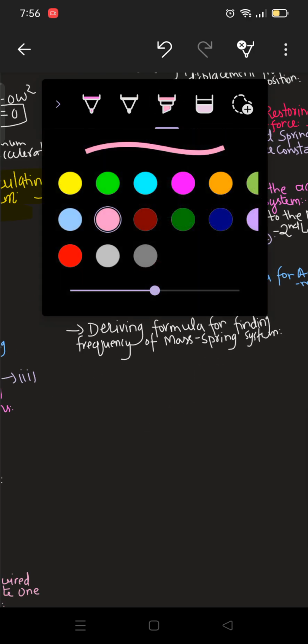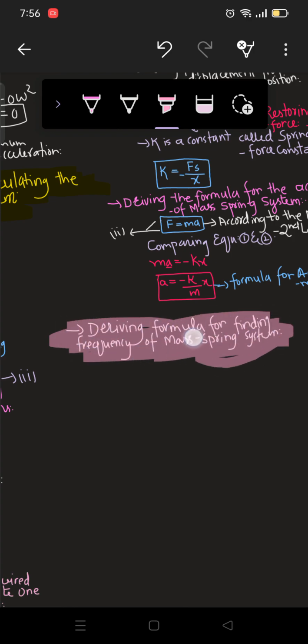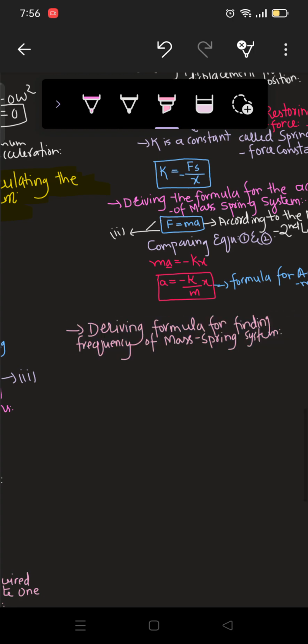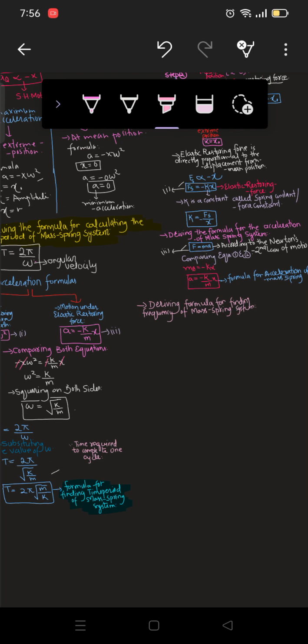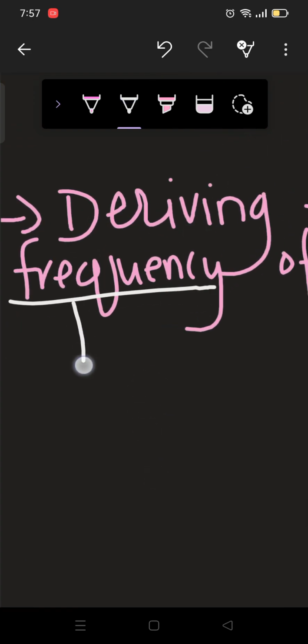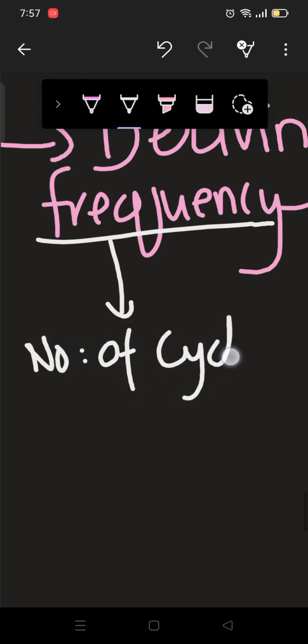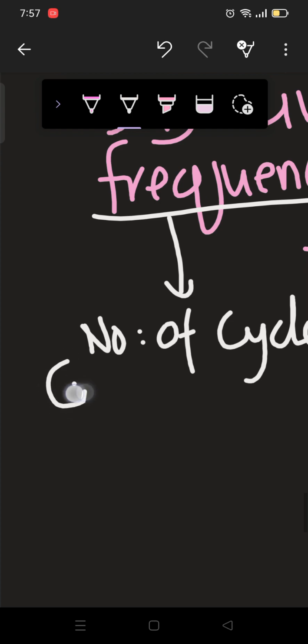So what we are going to do today is derive the formula for finding the frequency of the mass spring system. Now see, initially we need to see what is the definition of frequency. What is the meaning of frequency? It is the number of cycles completed in 1 second.